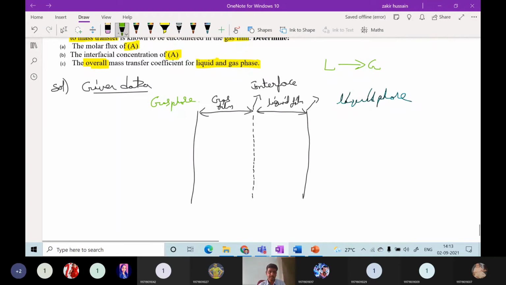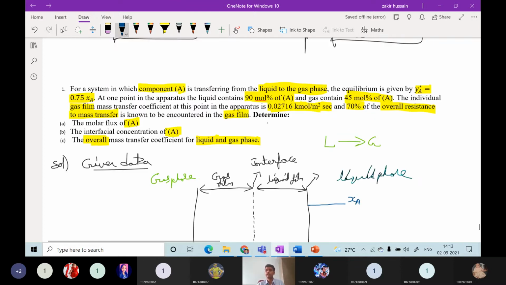A different color I will take. Let us take this one. So this will be constant XA. Previously it was CA, concentrations we had done. Here they have given percentages. Instead of going by the basis of percentages, we can take these as fractions. Why? Because 90 divided by 100 is the fraction, if this is given in mole percentage.